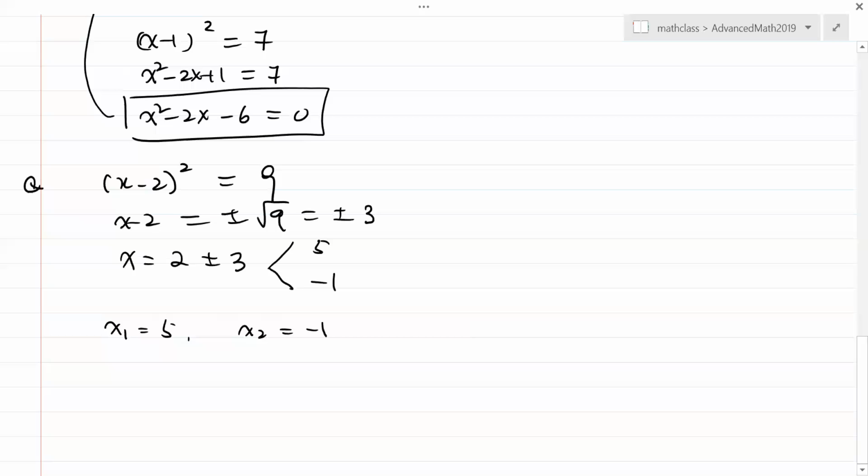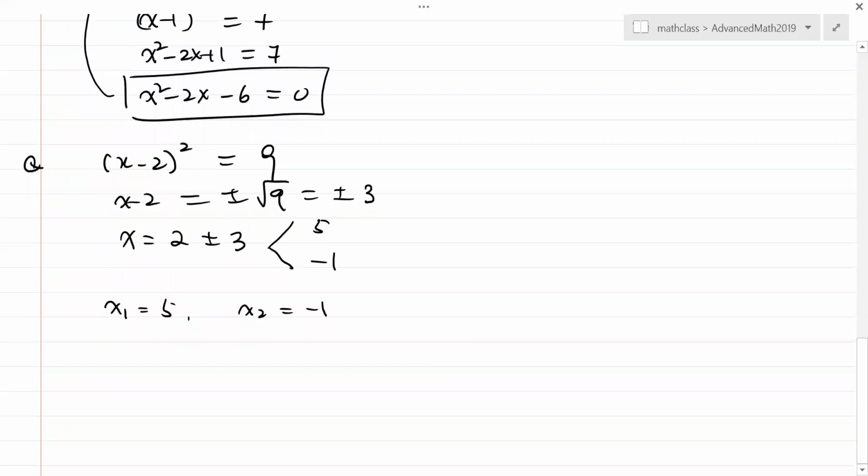All right. Now, if I express the equation in a different form, I can multiply this out. (x − 2)² will be x² − 4x + 4 = 9, and x² − 4x − 5 = 0.